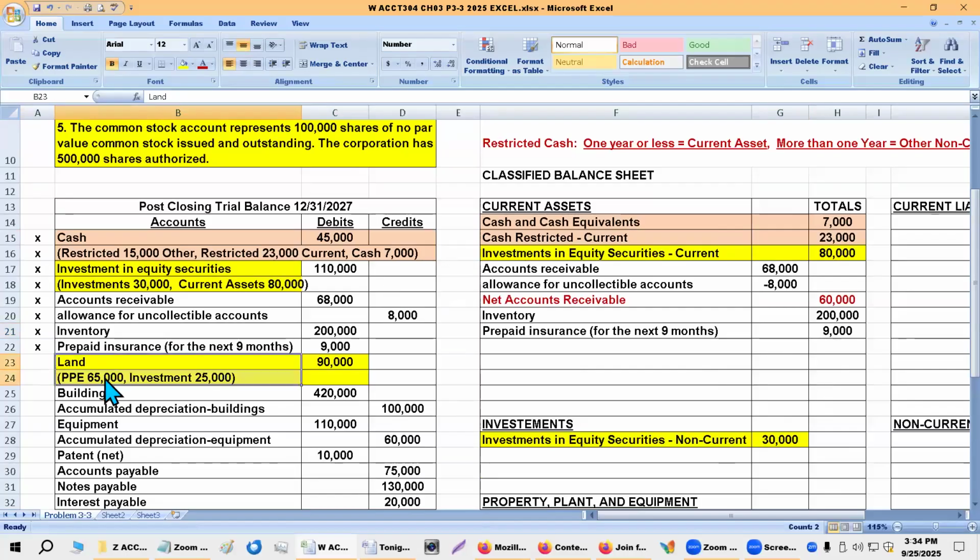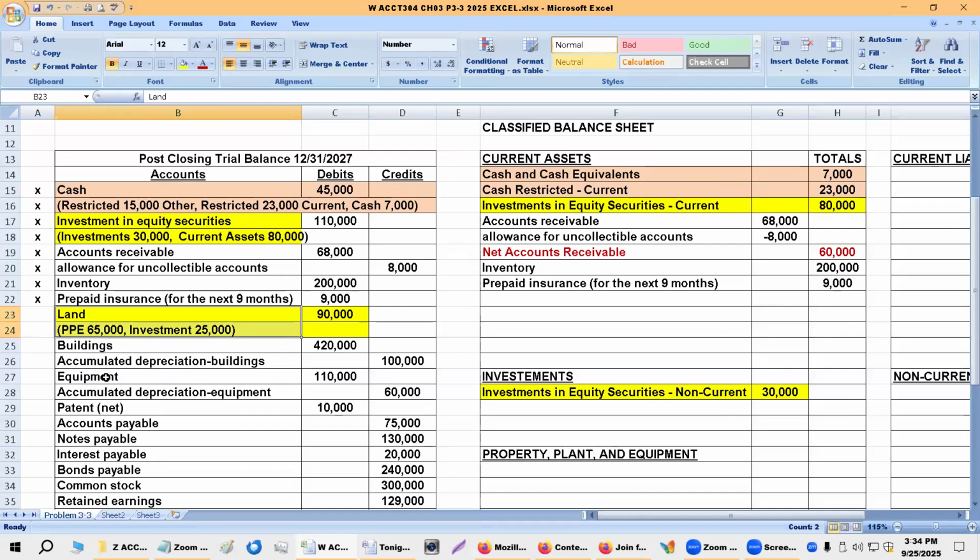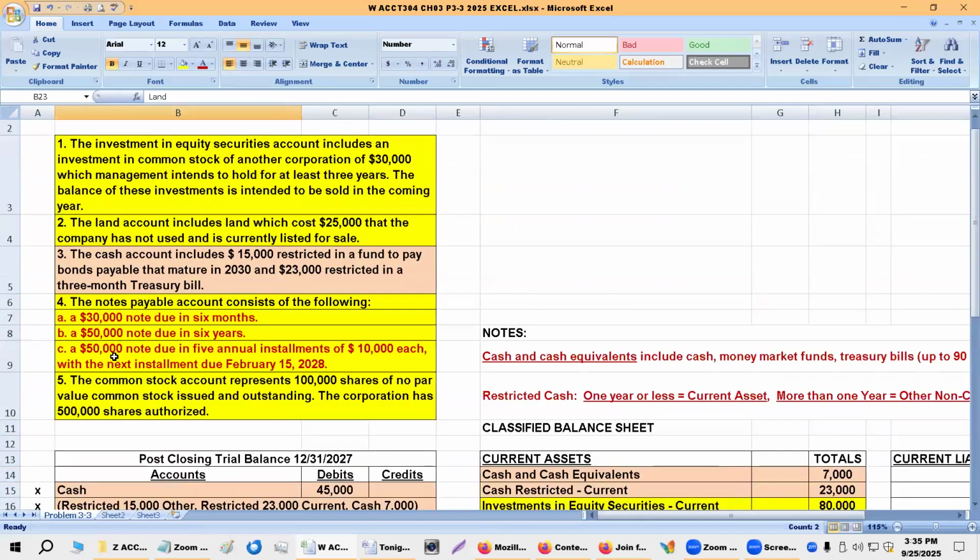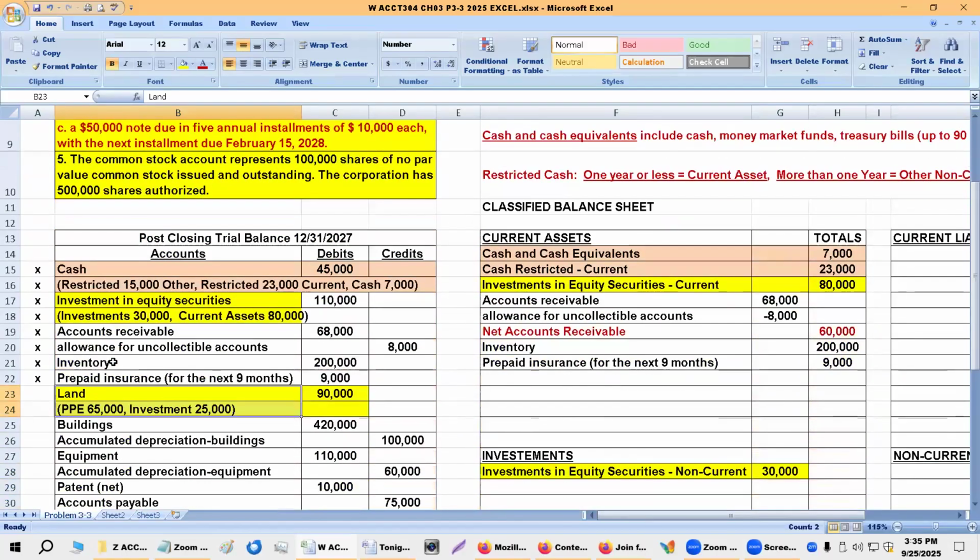Now for the fun one. Land. So 25,000 is going to be an investment. 25,000 is currently listed for sale. It's not in use.